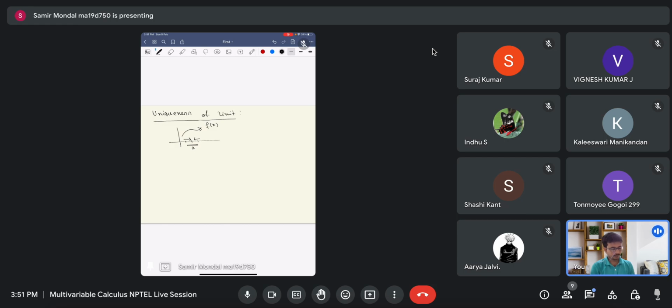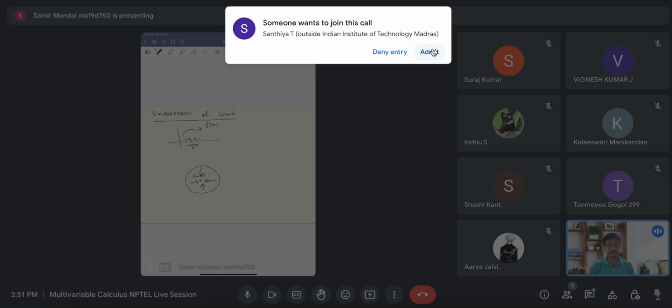But in two variables, suppose this is your disc around the point (a, b), so there are infinitely many directions to approach (a, b). Okay, is it fine or not? Please tell me.